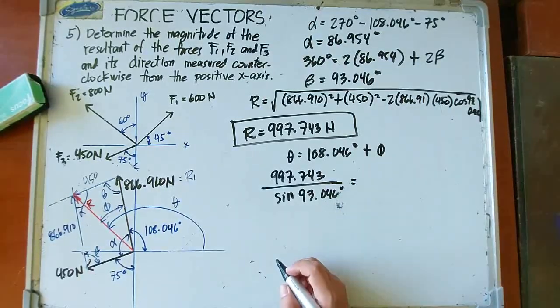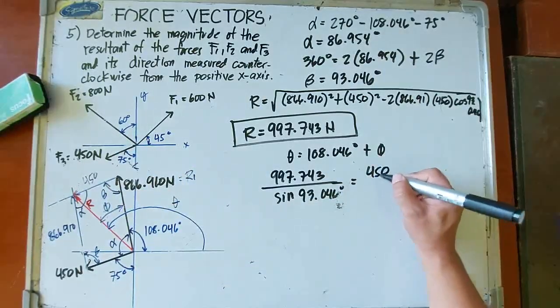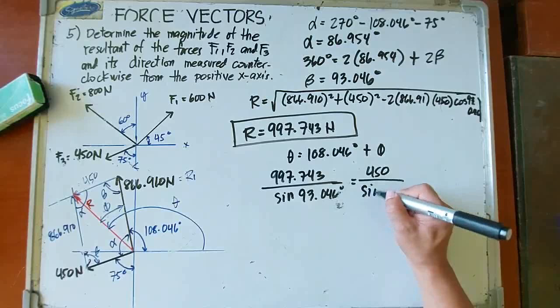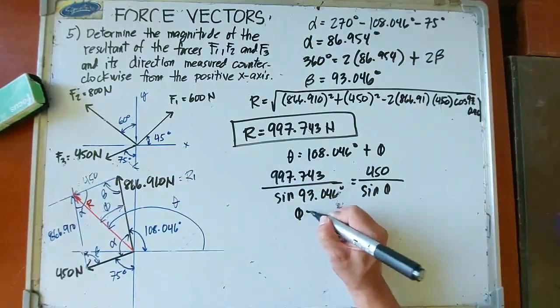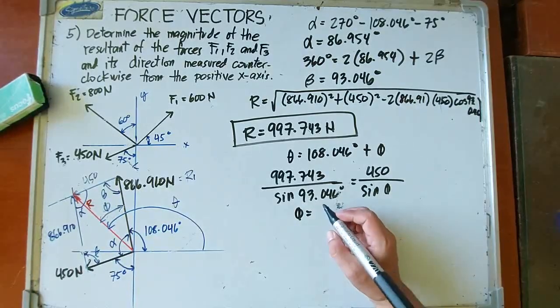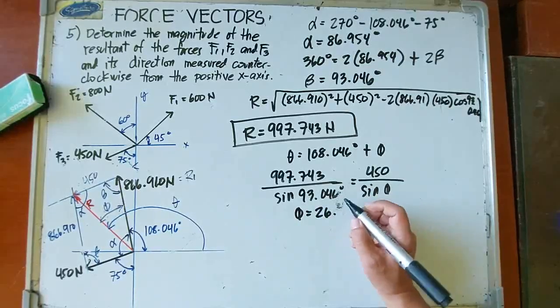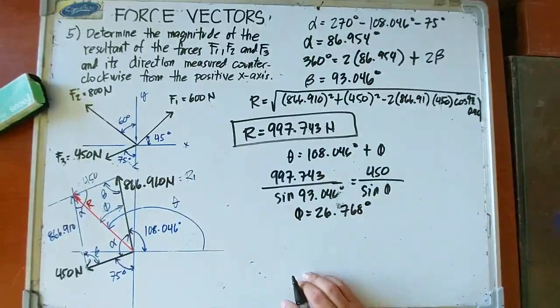Equal yan sa 450 over the sine of the opposite angle, which is phi. So phi is equal to 26.768 degrees. So that's angle phi.